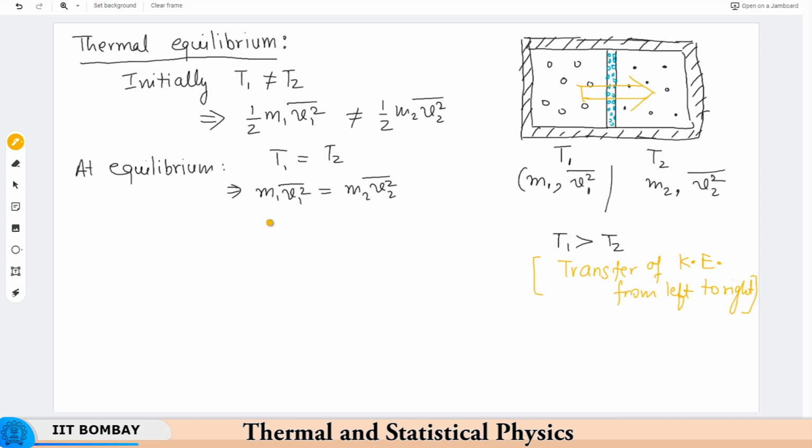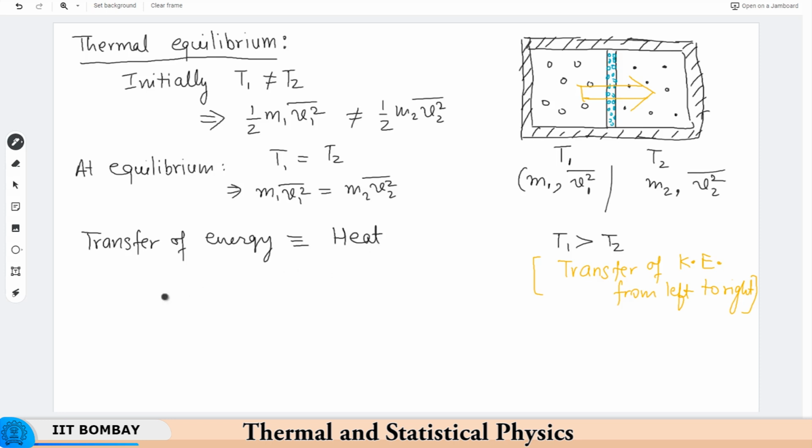And maybe we can also now define another quantity. So, this transfer of kinetic energy from left to right is known as heat, right. So, transfer of energy by definition is known as heat, right.